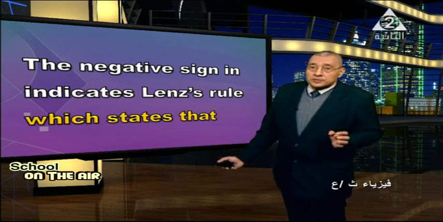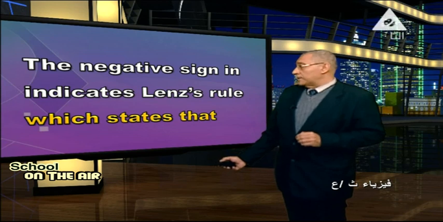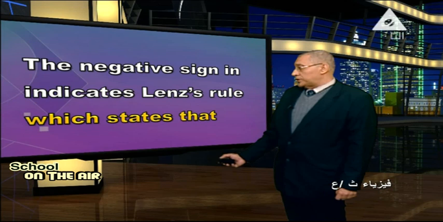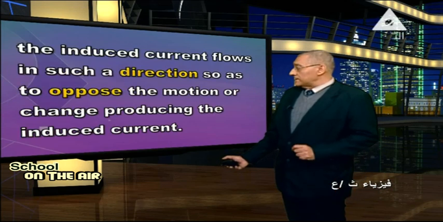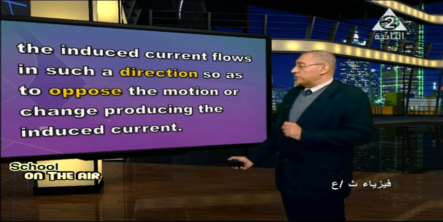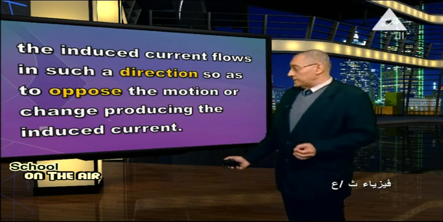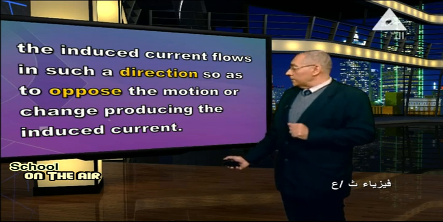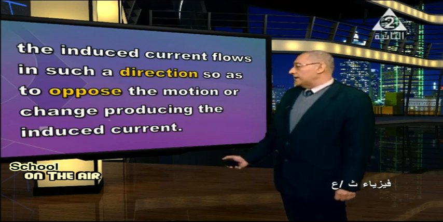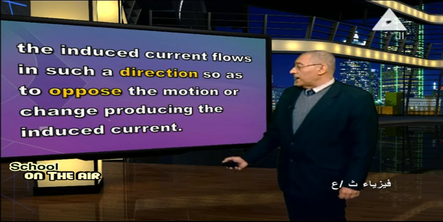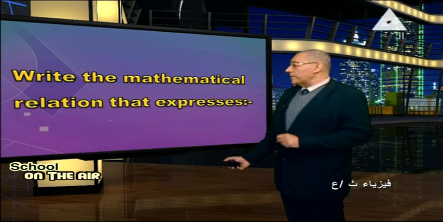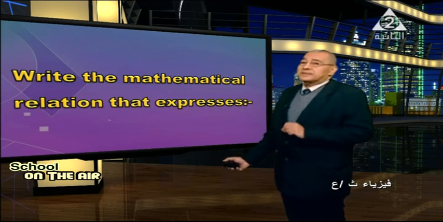So the negative sign indicates Lenz's rule, which states that the induced current flows in such a direction so as to oppose the motion, or change, producing the induced current.